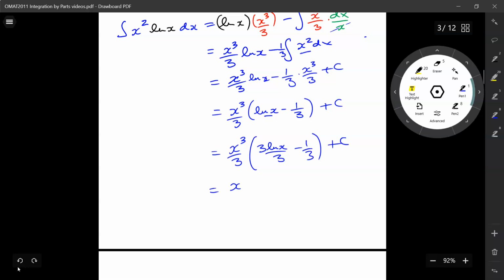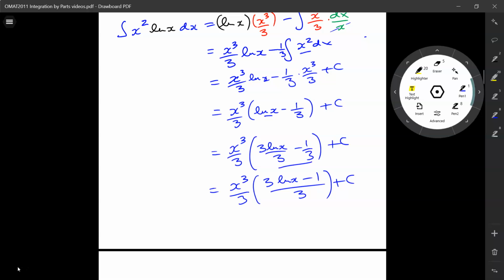Then I can say that's x cubed, and I can say 3 divided by 3 times the log of x minus 1 over 3. These now share the same denominator, so you can make them one statement. And the last thing is you take 3 here out, so 3 times 3 gives me 9 times 3 times the log of x minus 1 plus the constant integration. So that last step there just gets rid of the fraction at the end here.